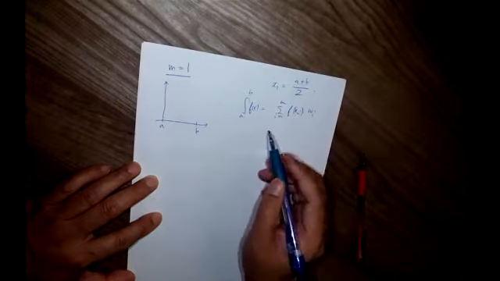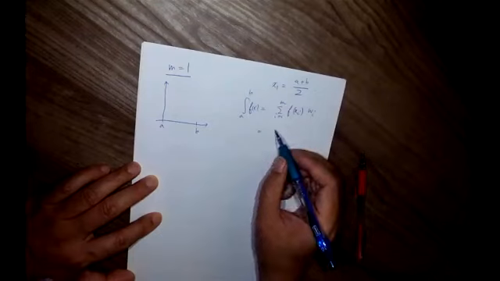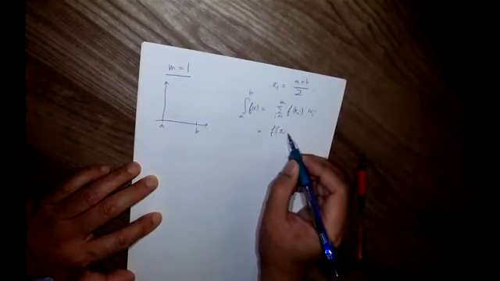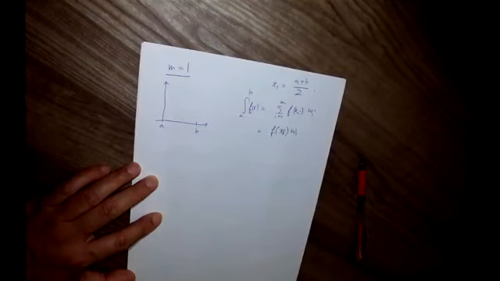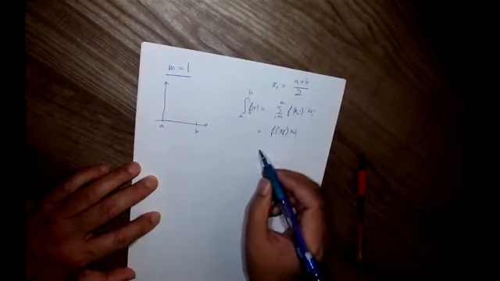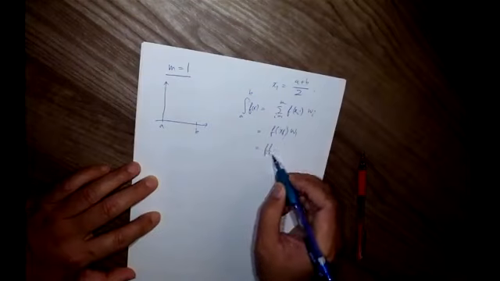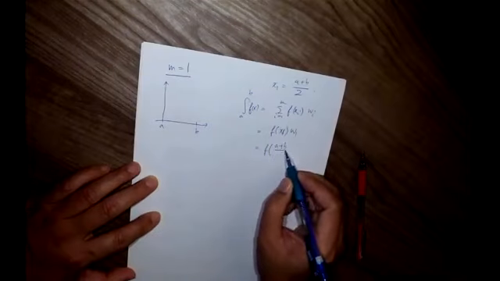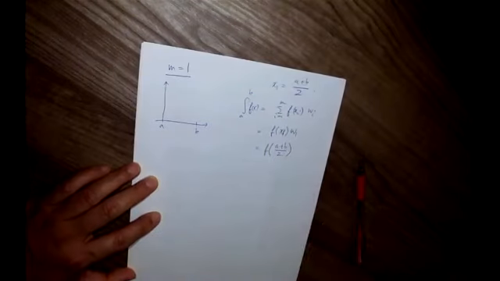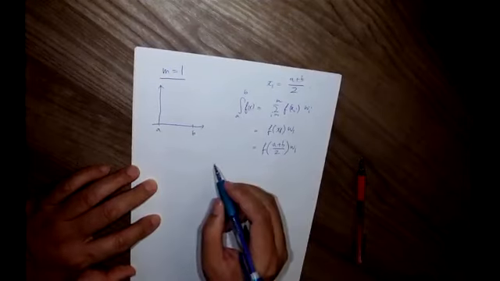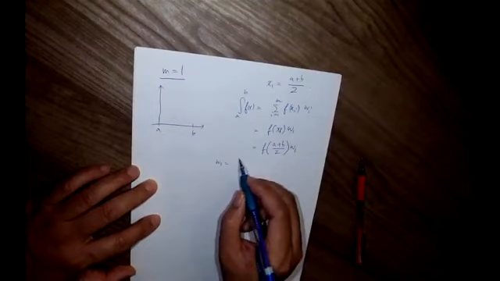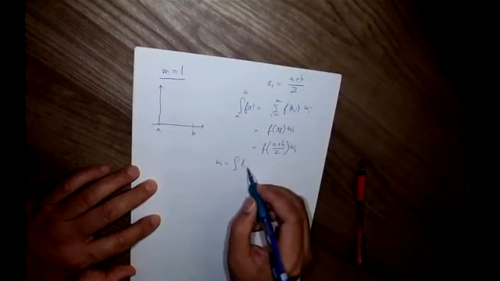And now because m equal 1, you have only f(x1) w1, okay? And x1 in our case is just f of (a+b)/2. And what is the weight? So the weight is just the integral of the Lagrange function.